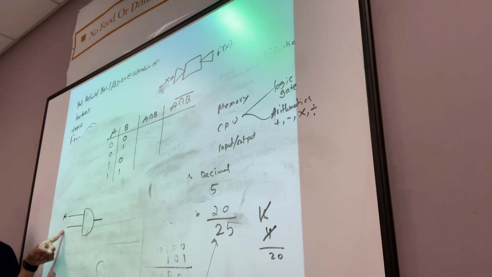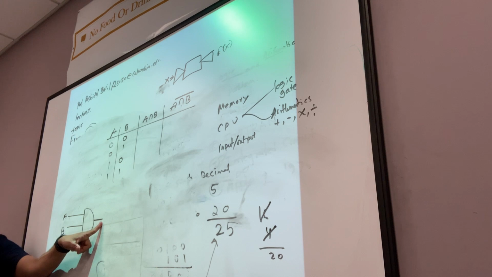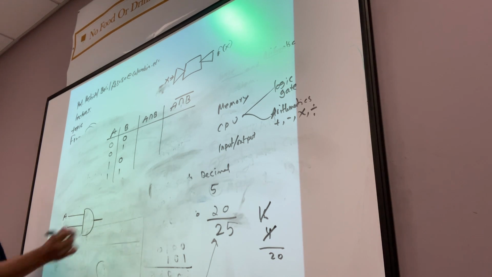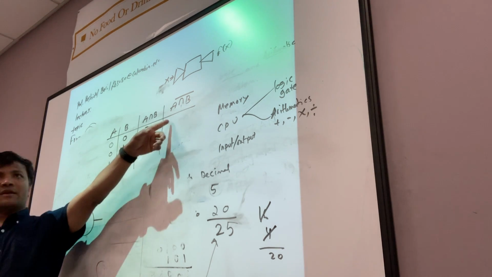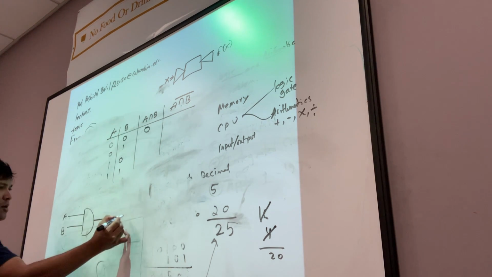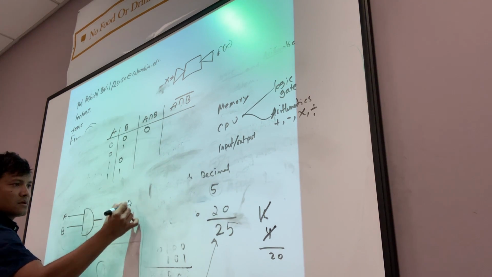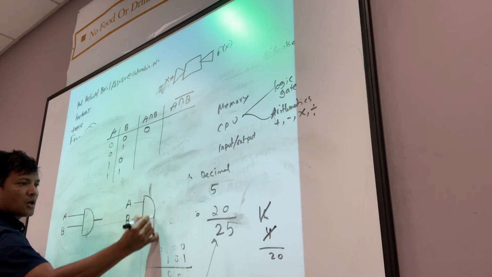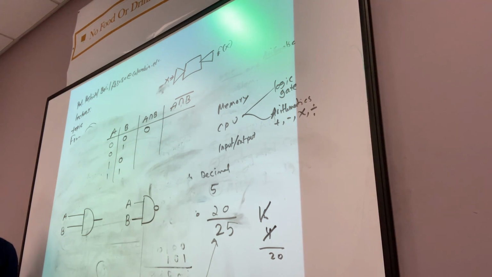This would be B. If A is 0, B is 0, then A and B would be 0. Complement of that would be 1. Is that okay? So let's draw complement. Complement, you put a little circle.